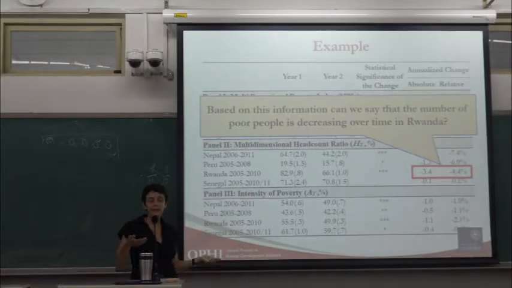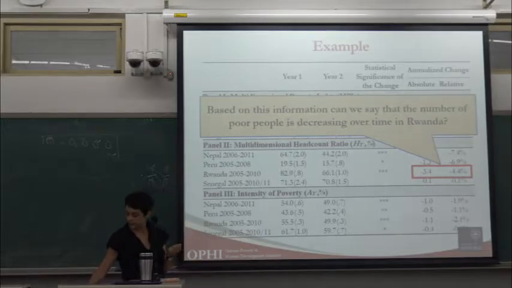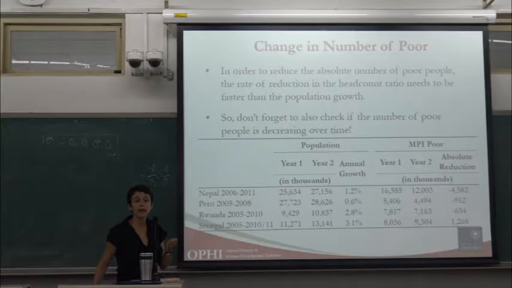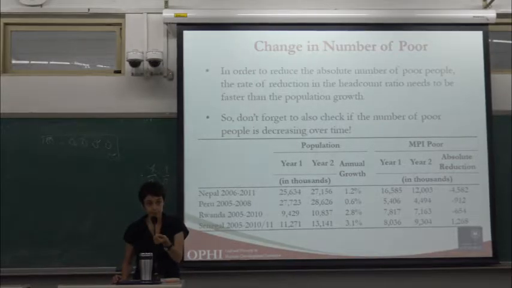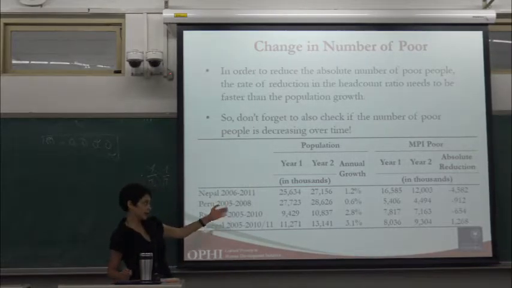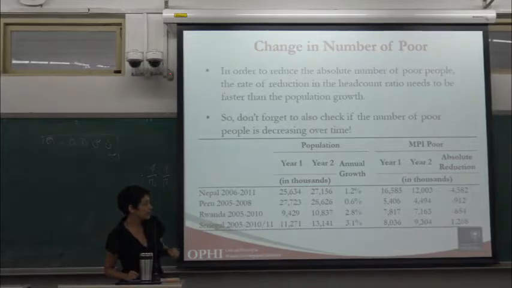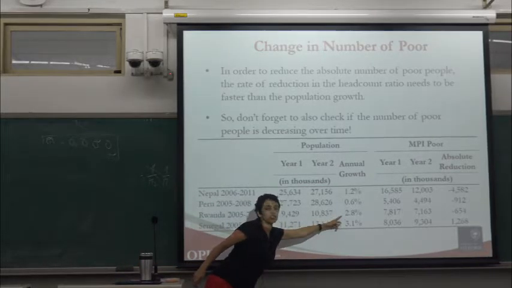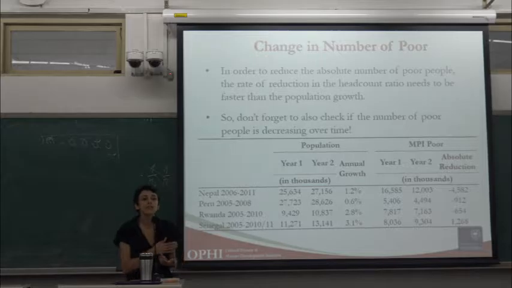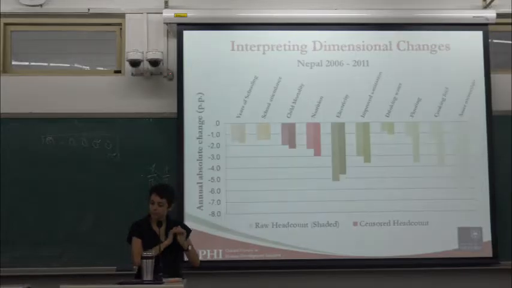Looking at that, I said, oh, it didn't change. It stays the same. But in absolute numbers, the number of poor increased. On the others, we saw they all decreased, but not at the same rate that incidence decreased, because in all of them there was population growth.